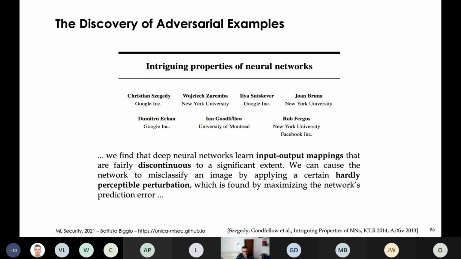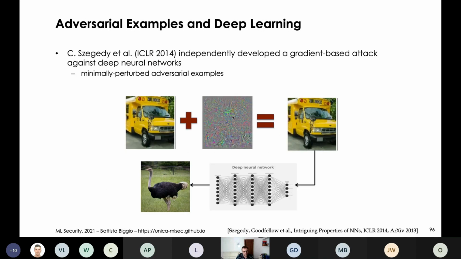The original idea was to say, okay, maybe if I start, for instance, from the image of a school bus, and then I gradually morph it to be classified as an ostrich, they were expecting the network to work like the human system.